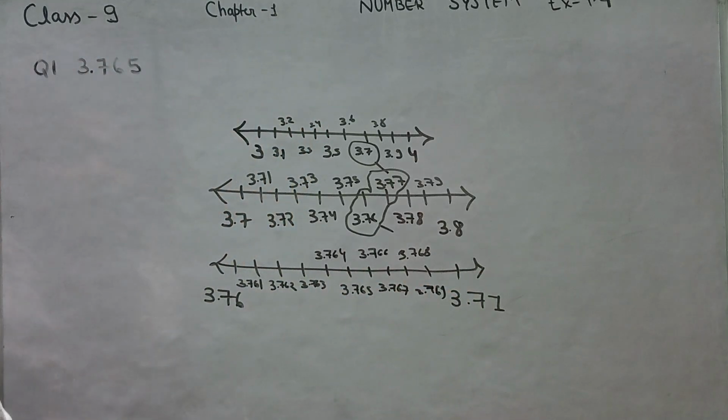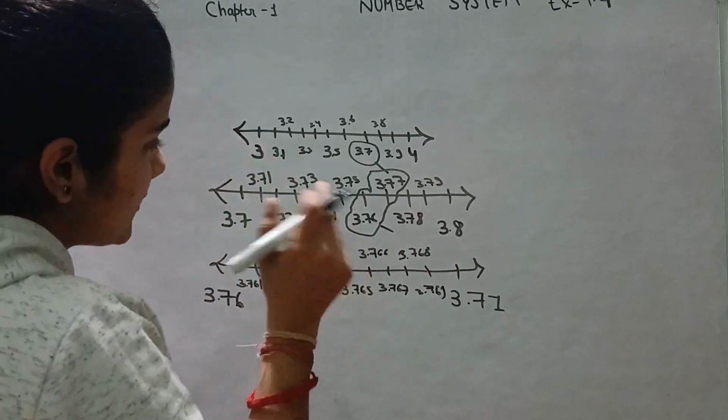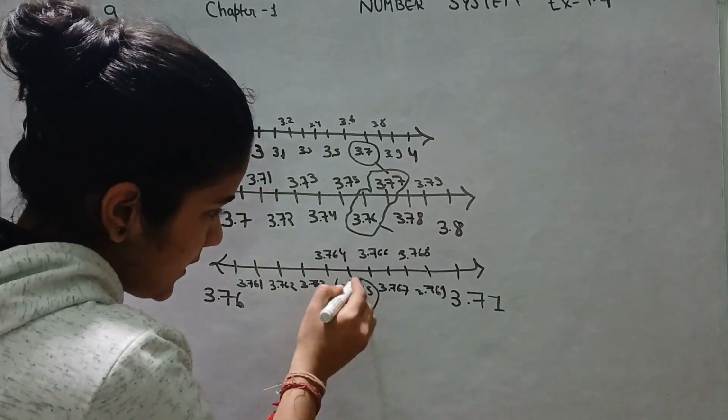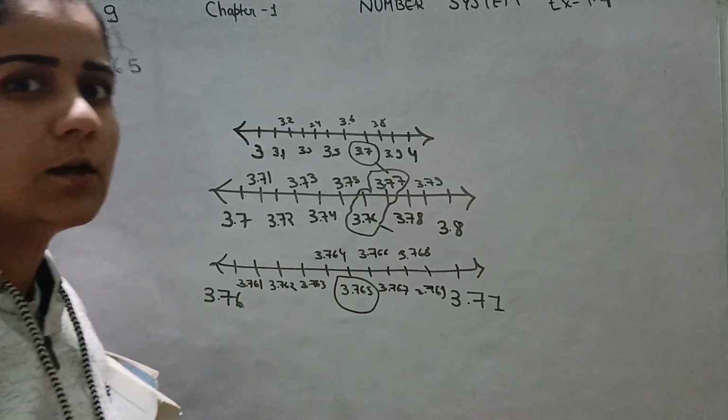So our number was 3.765. This was our number, right? So by this we have represented it on our number line.